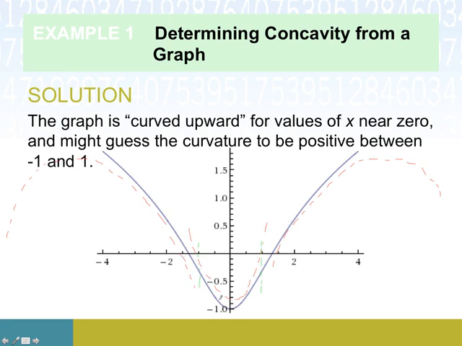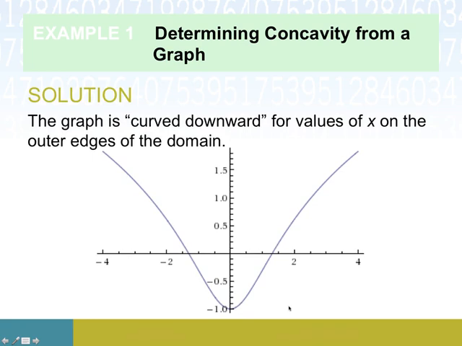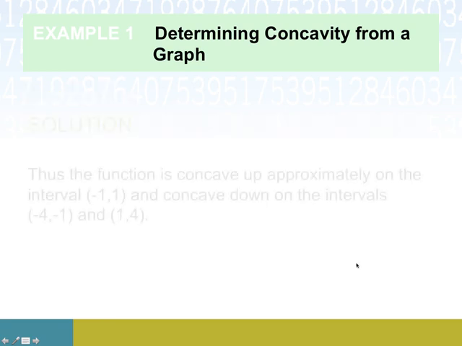It looks like it's curved upward between those two values, and curved downward on those outward segments: from -4 to -1, and from 1 to 4.